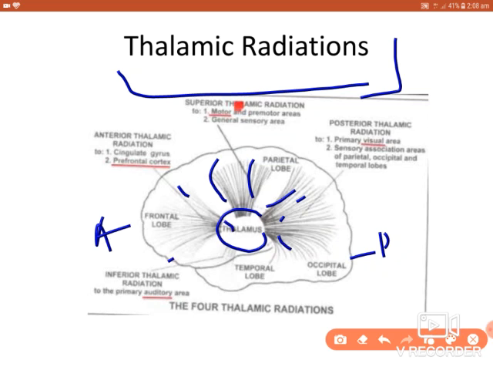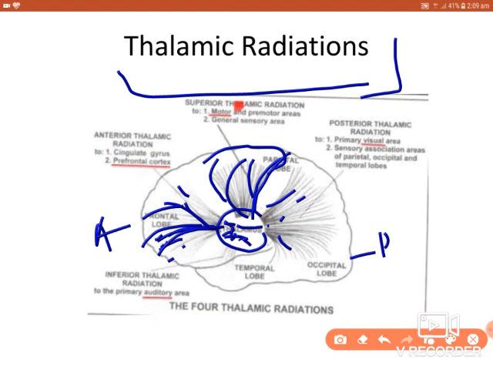From the anterior and medial nuclei, outputs go through the cingulate gyrus and towards the prefrontal cortex, forming the anterior thalamic radiations. From the lateral group of nuclei, outputs go to the motor and sensory areas, forming the superior thalamic radiations.